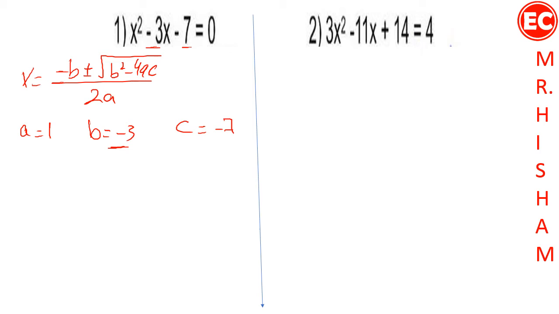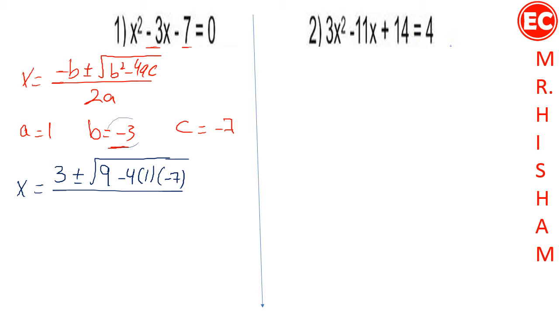So let's plug in the values. x is equal to negative multiplied by negative 3, so it's a positive 3, plus or minus the root of negative 3 squared, which is 9. The sign doesn't matter here because a negative number with an even power is positive. Minus 4 by 1 by c, which is negative 7, divided by 2 times 1. So x is equal to 3 plus or minus the root of 9 plus 28, because negative multiplied by negative is positive, divided by 2.